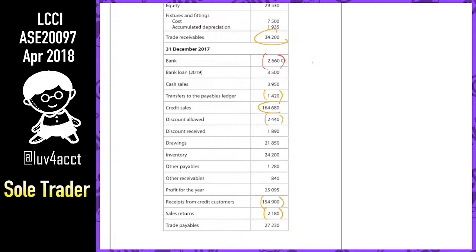So let us calculate 34200 add 164680, this is the credit sales, and then deduct the 4 items. Let me calculate. 2440, 154900, 2180, it will be 160940 negative.